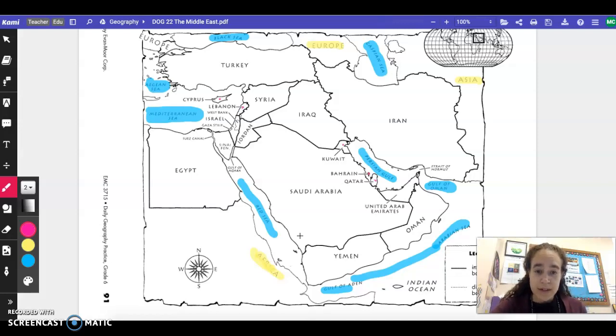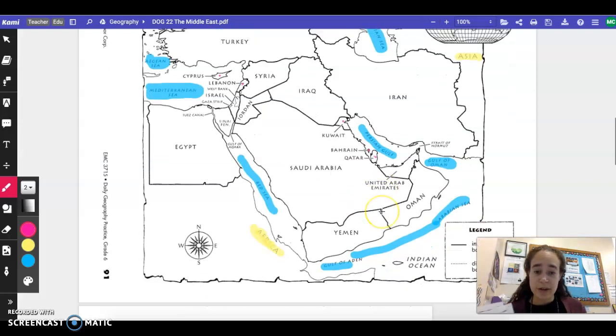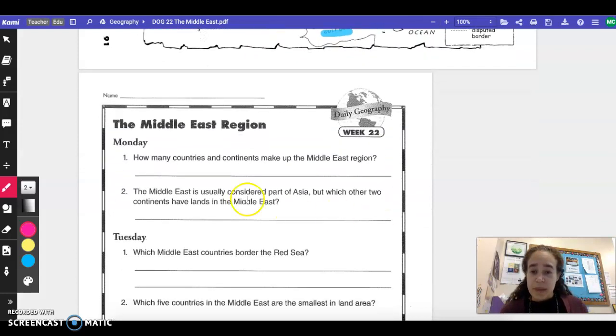As you work, you want to make sure that you are looking at the countries and the country borders. Some of these questions, I'm going to scroll down now to the questions part. If the question asks how many, make sure you answer with a number. In this case, it's a 2-part question. How many countries and how many continents make up the Middle East region?